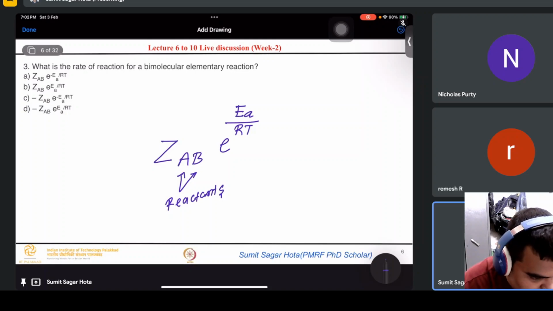You always remember the rate of reaction: we can calculate it from the values, not from the expression. Whatever values come out, the rate is always positive, it cannot be negative. The rate of reaction is always positive.